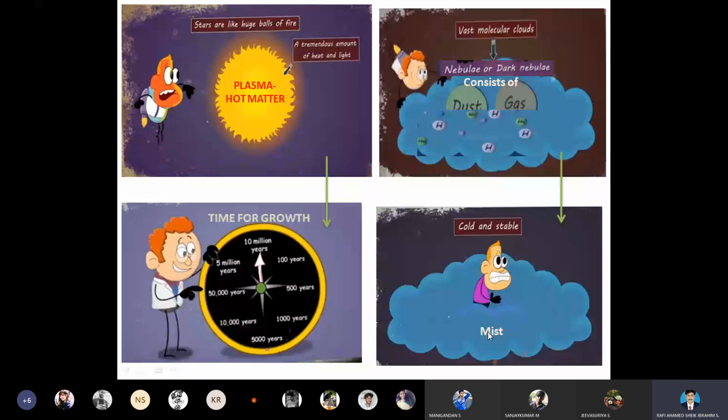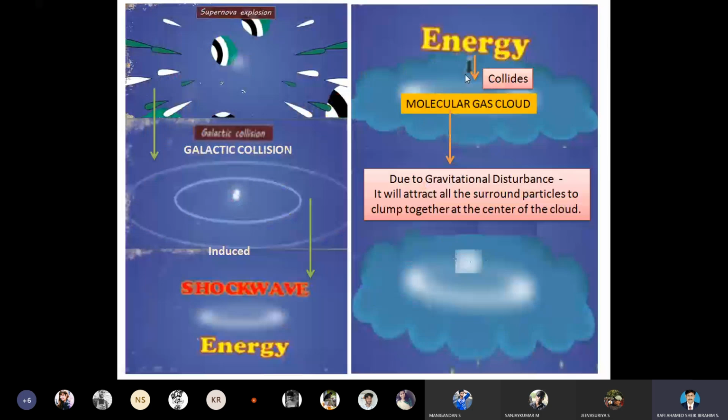So how are the stages developed? Initially, during the supernova explosion, which is nothing but a collision between two celestial bodies, it happens in general in the universe.